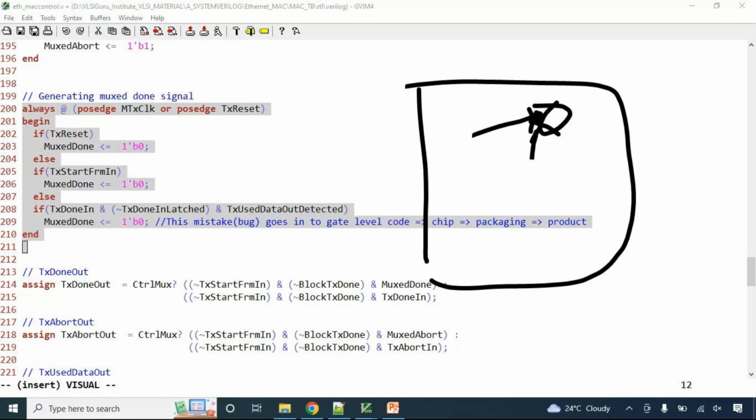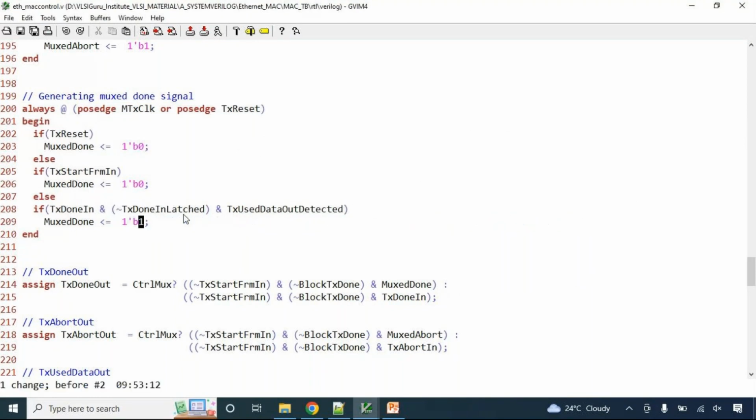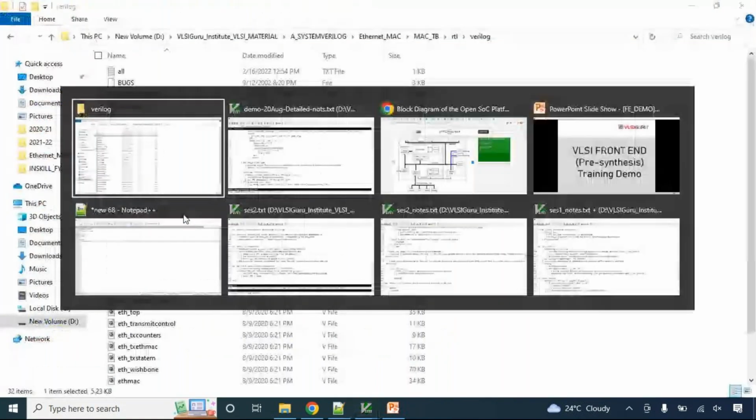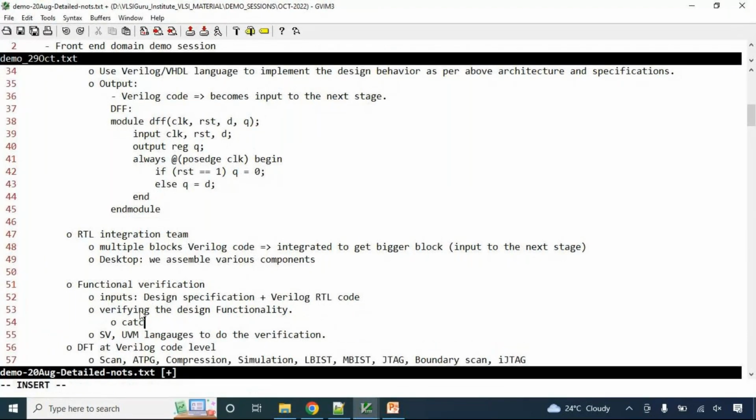But in a chip, if some problem is there, you cannot change it, you cannot do anything about it. So that is where everything needs to be caught before you manufacture the chip. That is where functional verification becomes very important, where the role is to catch the design bugs, catch the bugs in the design.